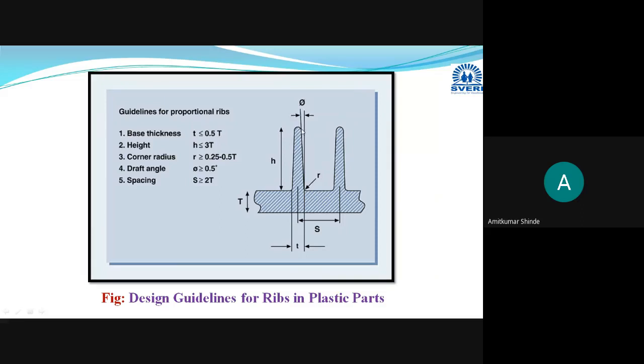Whichever rib you are providing should be tapered in nature, and at the top side it should have a radius, and it should connect the wall with a fillet. At the bottom side it should also connect the wall with a fillet. This is the corner radius, and it should be within the range of 0.25 to 0.5 times the thickness, or 25 to 50% of the wall thickness.